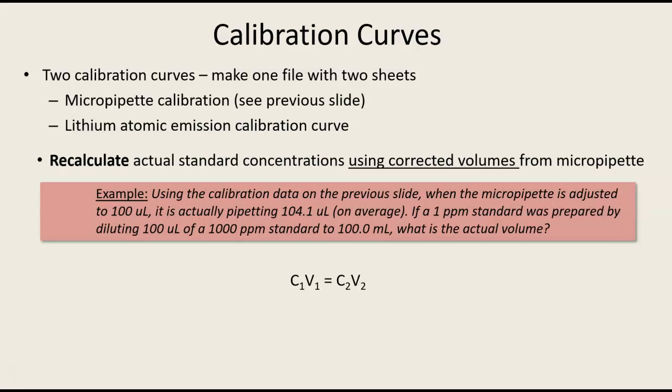Throughout the course of this, you're going to be using the C1V1 equals C2V2 formula for dilutions. So 1,000 ppm times 0.1014 milliliters is equal to C2 divided by 100 milliliters. And so your actual concentration would be 1.041 ppm.